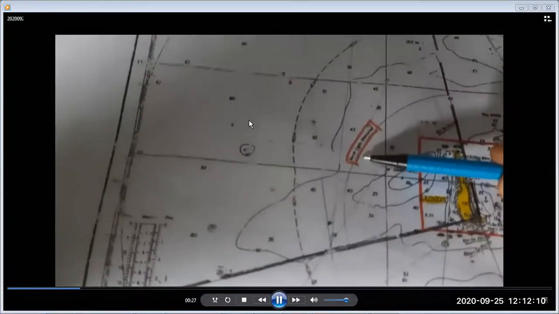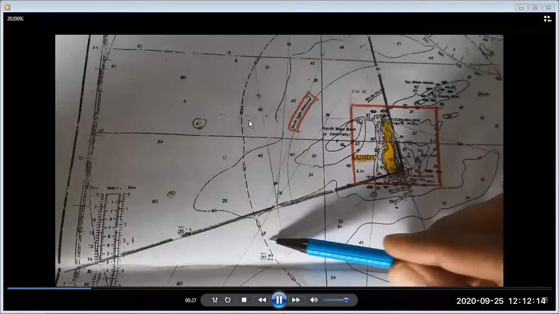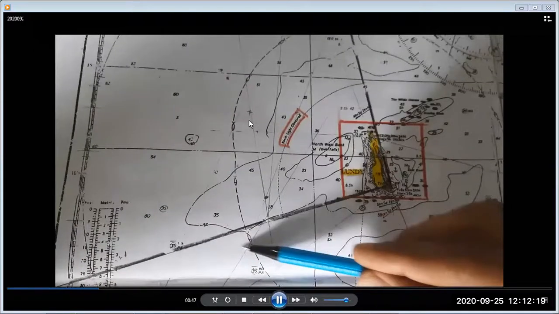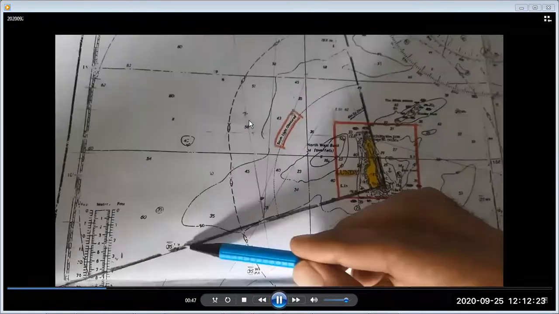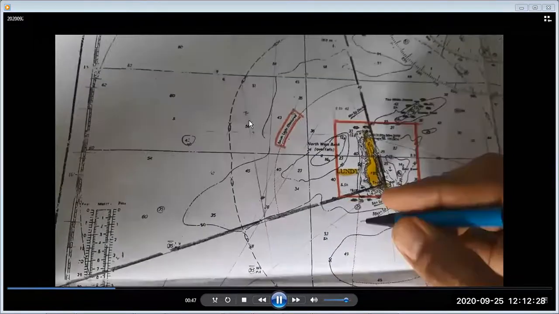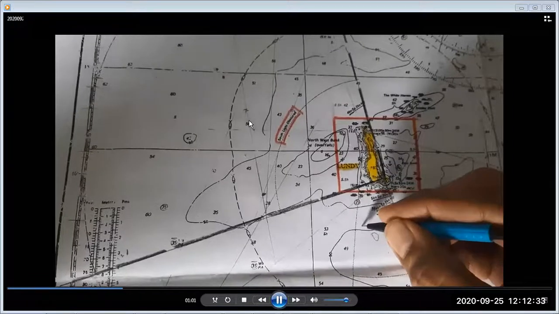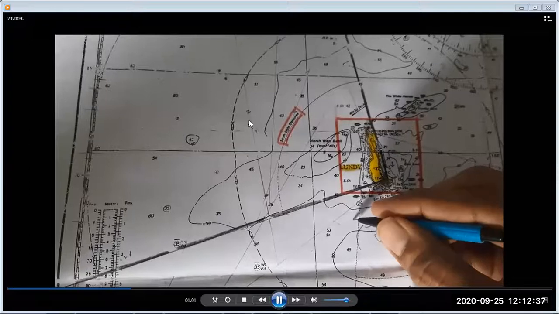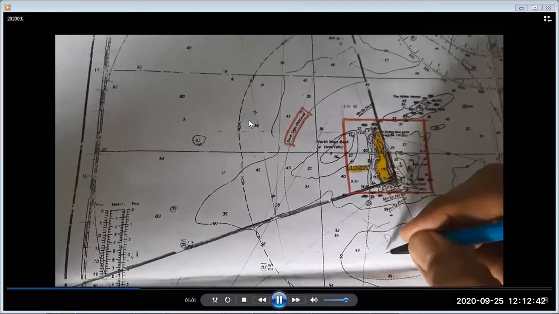If the ship is going from here on this course 273, once the ship comes till here, the ship can see this light, but once the ship comes here, this light will not be visible, because there is a screen blocking it, or some other reason, so in this sector this light is not visible.